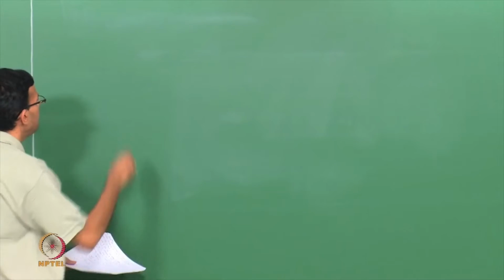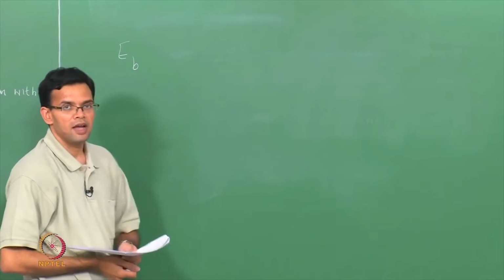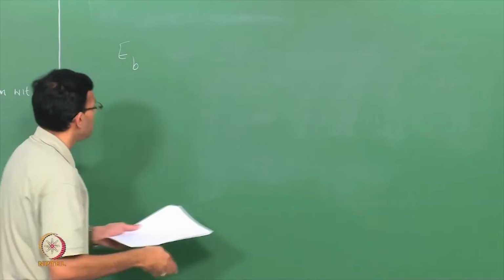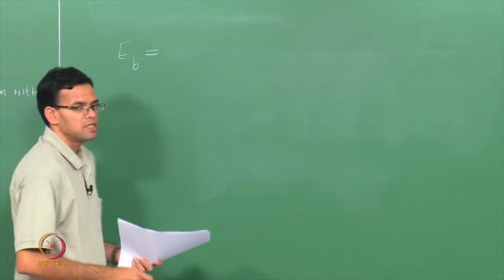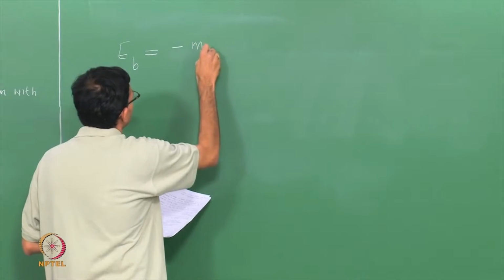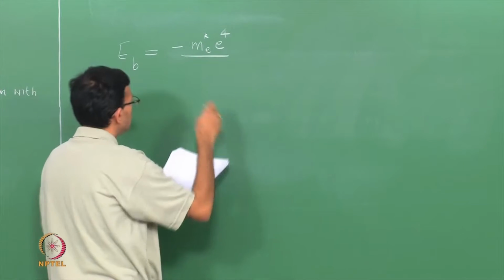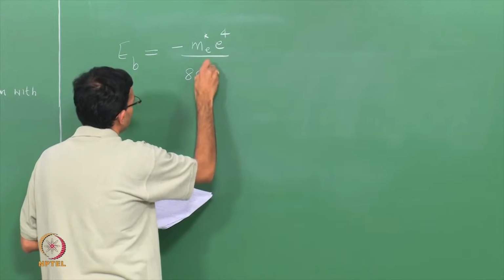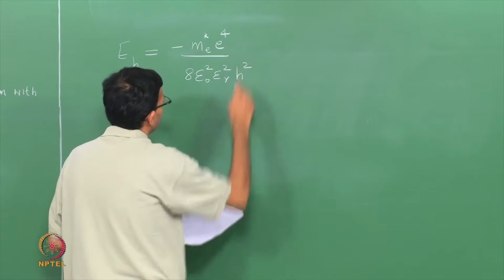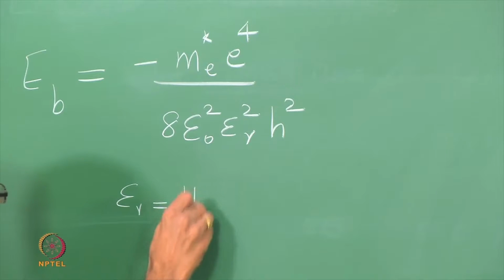We want to calculate the binding energy of an extra electron in the silicon atom, because we added a group 5 impurity. To do the binding energy calculation, we started with the binding energy for hydrogen and we replace it with the effective mass of the electron. So, it is m e star, and we replace epsilon naught square by epsilon naught square epsilon r square h square, where epsilon r is the relative permittivity of silicon, has a value of 11.9.